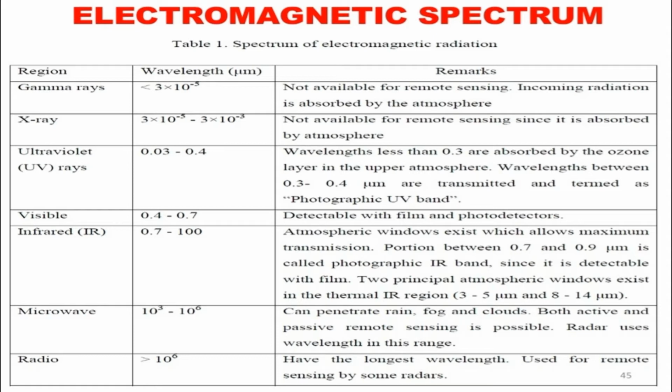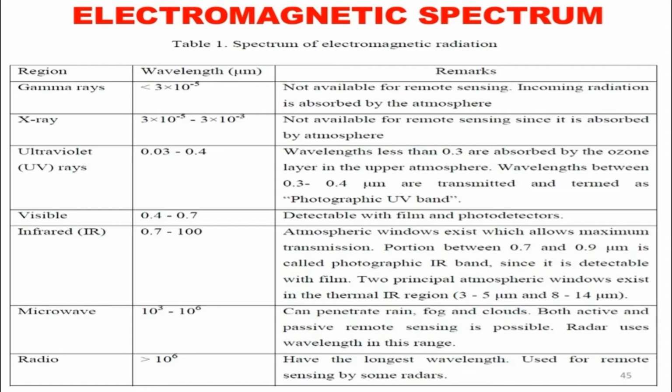It is useful for medicinal purposes because it is absorbed by the atmosphere due to carbon dioxide and other gases. Ultraviolet rays: the wavelength is 0.3, and generally it is absorbed in the ozone layer. So we cannot use it for long distance remote sensing. We can only use it for medicinal purposes or short distance remote sensing.